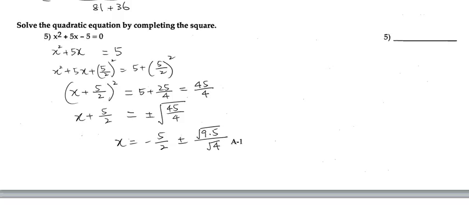So that will give you negative 5 over 2 plus or minus 3 radical 5 over 2. And since both of them have the same denominator, we can actually combine them, make it become negative 5 plus or minus 3 radical 5, and the whole thing over 2.